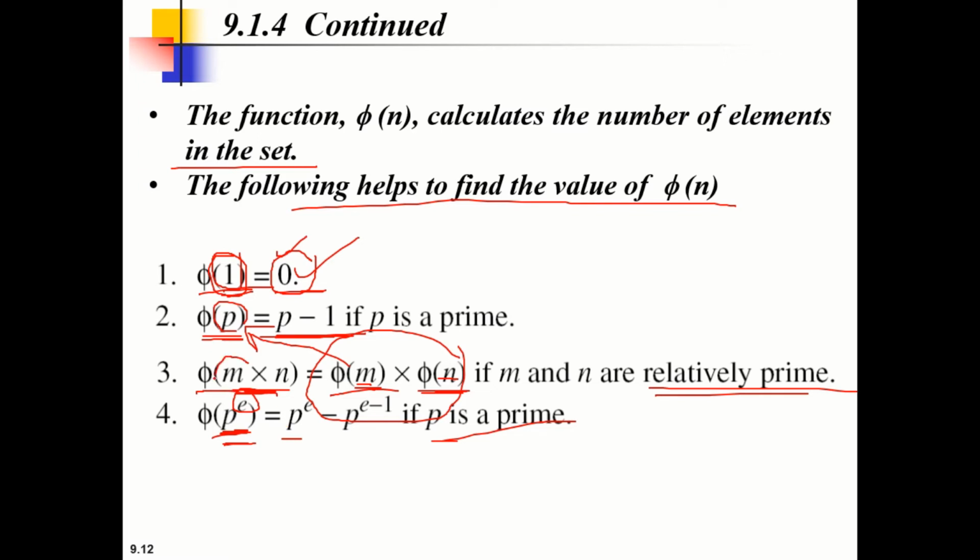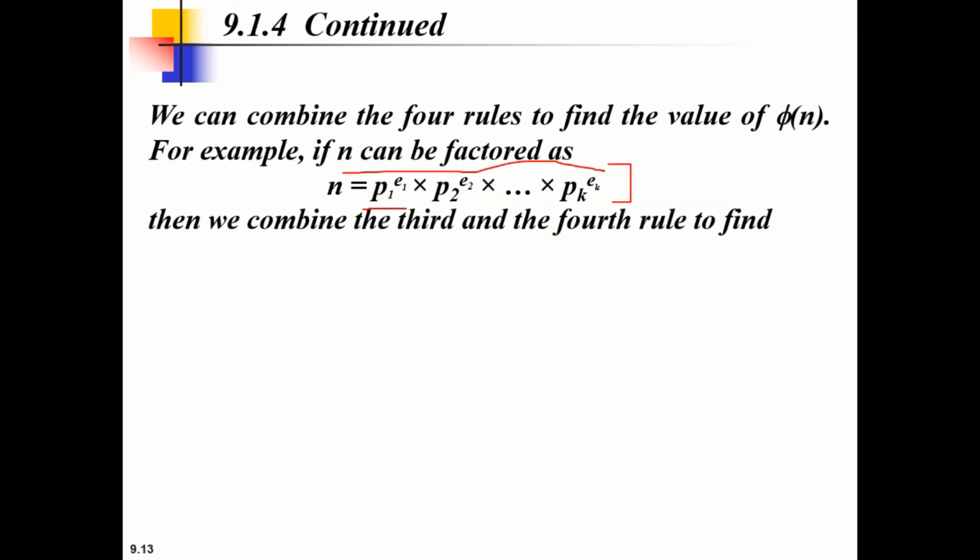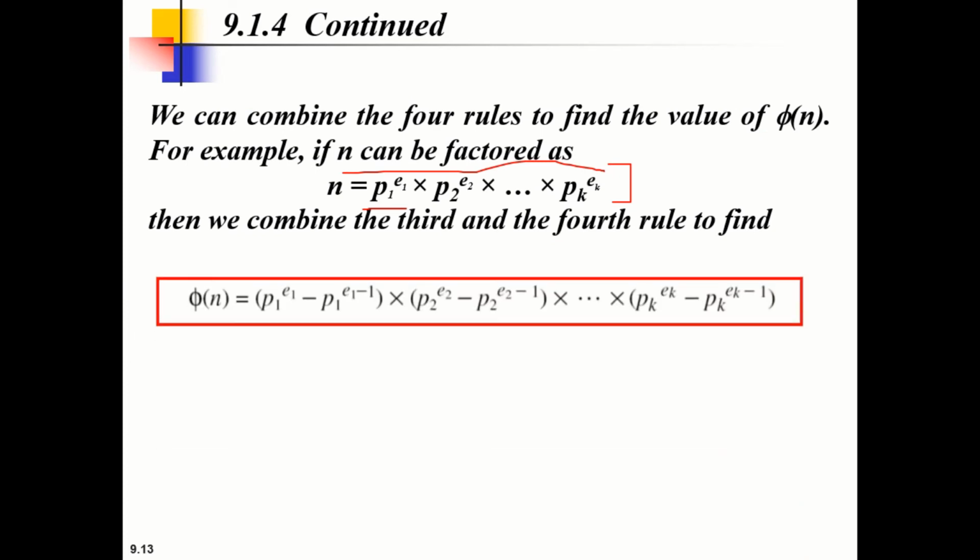So if this factor has a power and this factor also has a power, we can replace them with these expressions, then multiply them. So we can write the third and fourth rule combined just like this one, right? So this is one factor, this is another factor, this is the last factor, right? So here this rule is a combination of the third and the fourth rule.